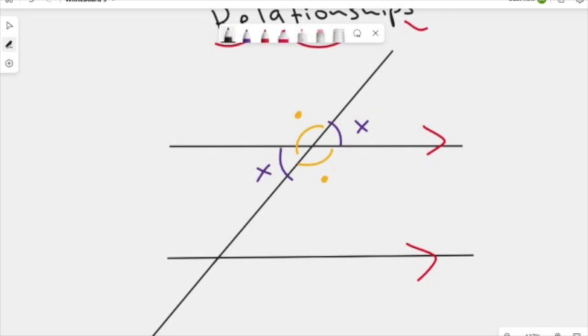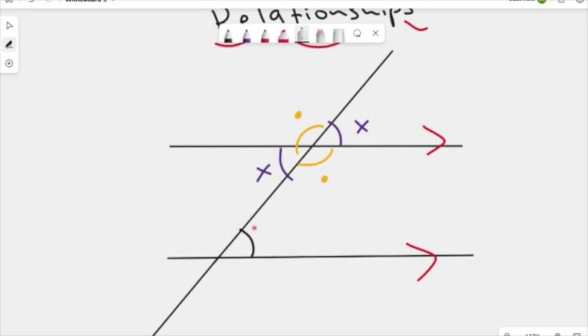And when you actually measure, for example, this angle, and say some other angle here, you will get that both of these, this one and this one, add up to 180 degrees. And you can do this as an investigative task at home.